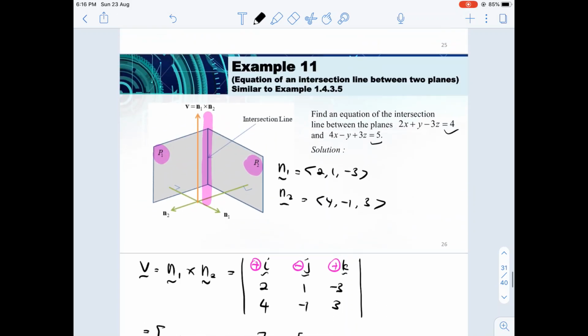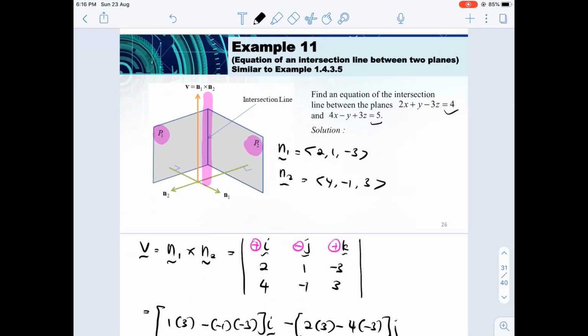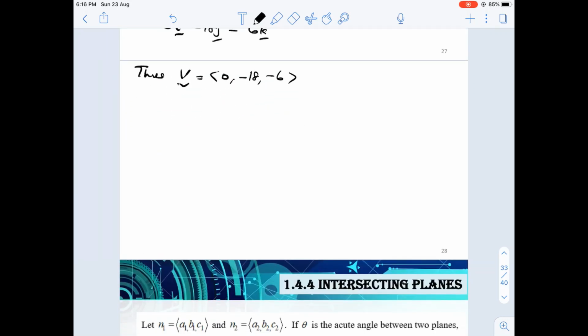Now we need to find P0. So how do we find P0? We need to choose whether the line intersects the xz plane, the yz plane, or the xy plane. Let me write something here. We need to find a point on the line.